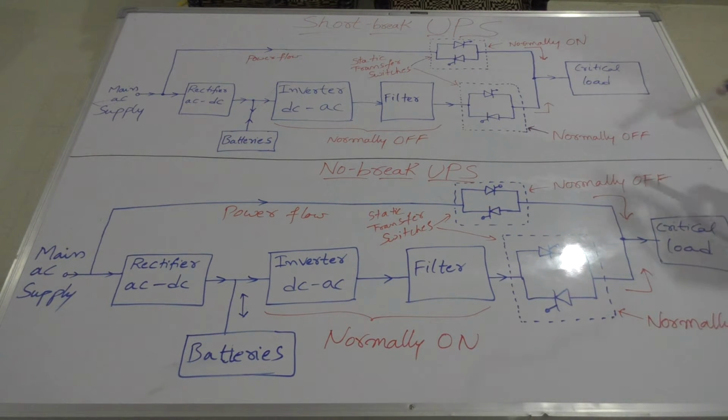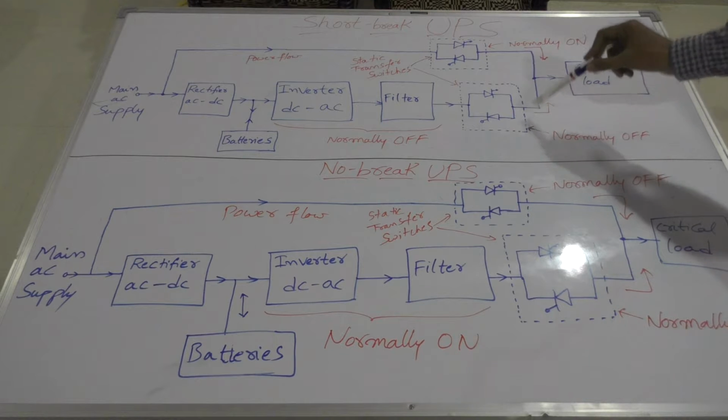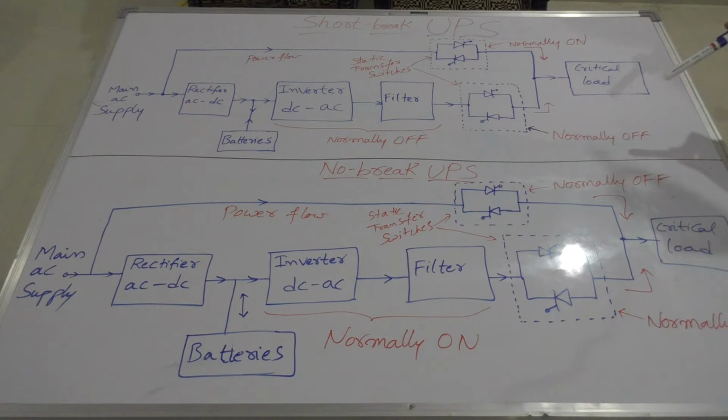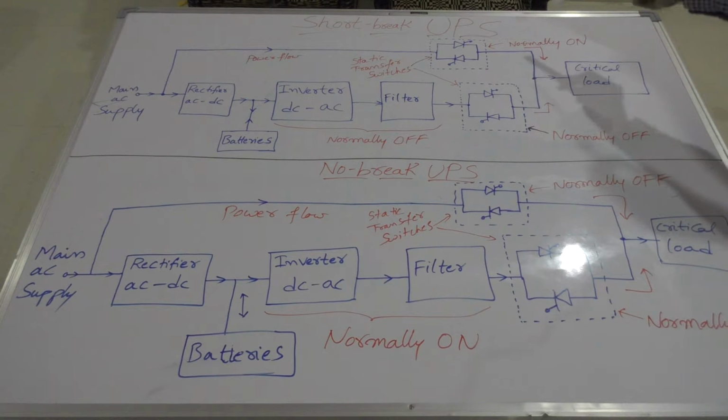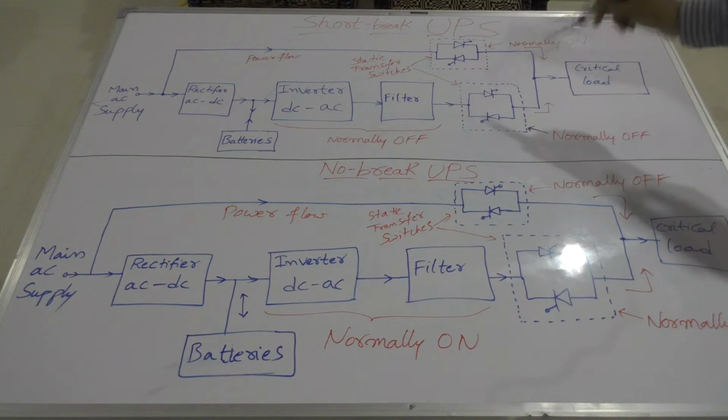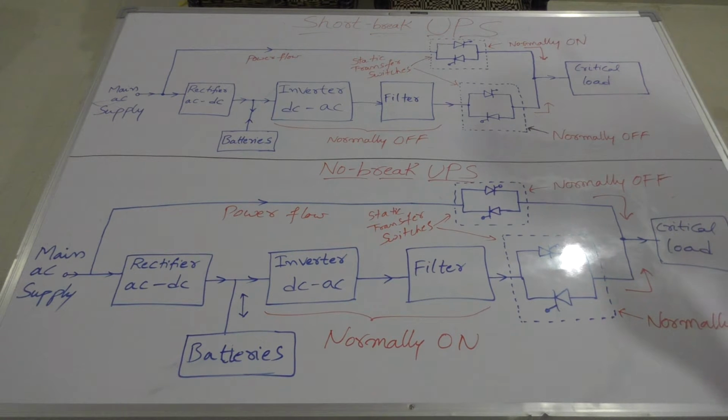I have told you that this particular second switch is getting converted from off to on, and this first switch is also getting converted from on to off. Due to these conversions, there will be a momentary interruption in the electrical power supply, between 4 to 5 milliseconds.